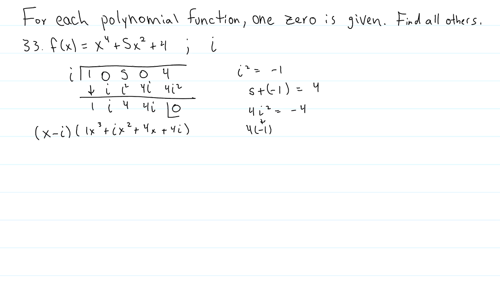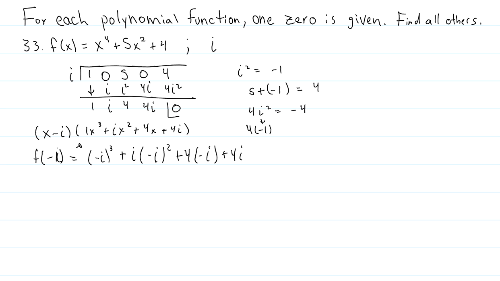Now we're going to try to guess another root, and if we plug in -i, we see that we get 0. So f of -i is equal to, we're going to plug it into this equation up here: -i cubed plus i times -i squared plus 4 times -i plus 4i.